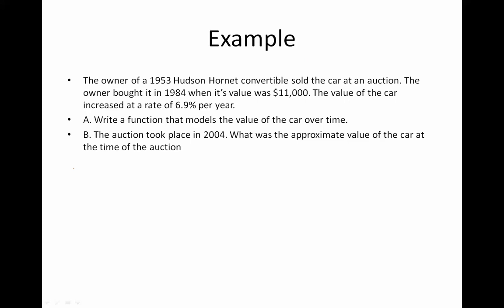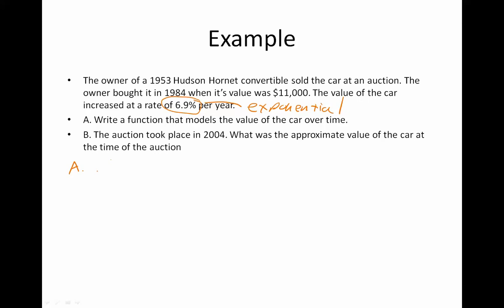So let's do part A first. Part A says, write a function that models the value of the car over time. Now, I want to point out that this is increasing at a percent rate. This is how you know it's exponential. If it's increasing by a percent, this is going to be an exponential growth.